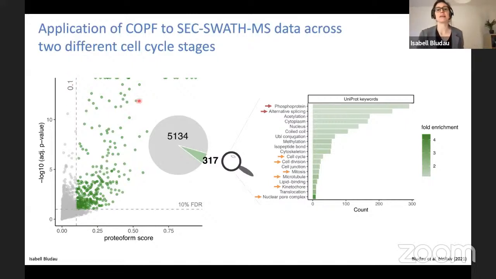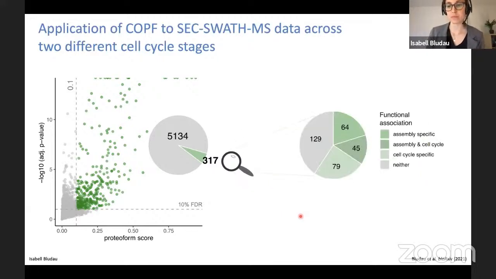And what you can see is when we performed an enrichment analysis of the UniProt keywords, then phosphoprotein and alternative splicing came up. So this makes sense in context of finding proteoforms. And also the other terms were largely related to cell cycle regulation, which makes a lot of sense in the biological context.